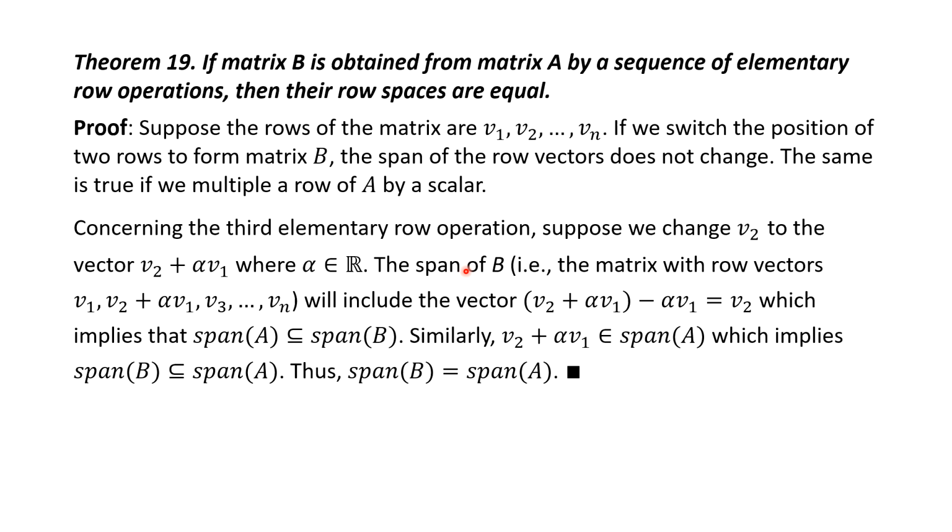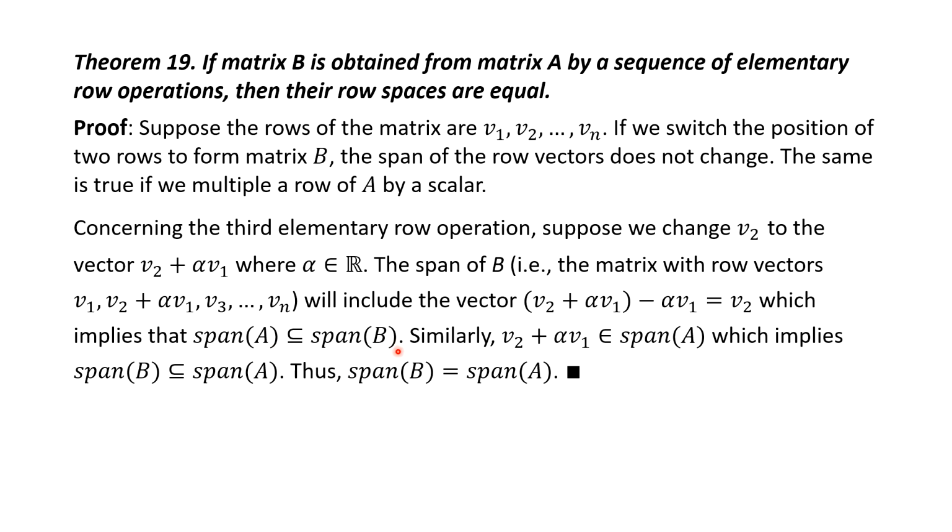So the span of B, the matrix with rows V1, V2 plus alpha V1, and then you continue on V3 all the way up to Vn, will include the vector V2 plus alpha V1 minus alpha V1, which equals V2. This implies that you can get V2 from a linear combination of what's in the span of B, which implies the span of A is a subset of the span of B.